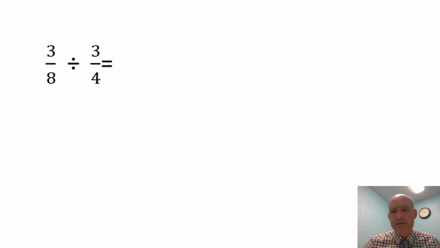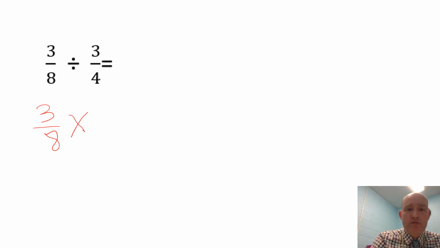Next one, 3/8 divided by 3/4. Very similar problem. But you take the 3/8 and you change this to multiply and flip that fraction upside down. This goes here, this goes here, they do a flip. And now we have 4/3.